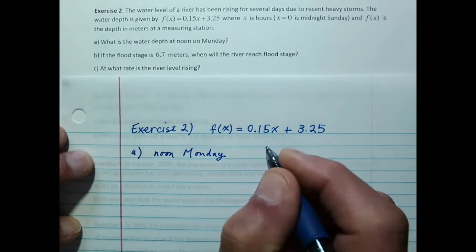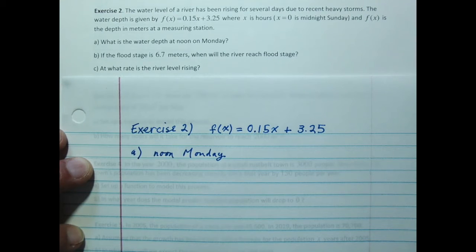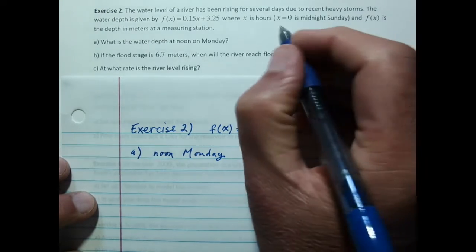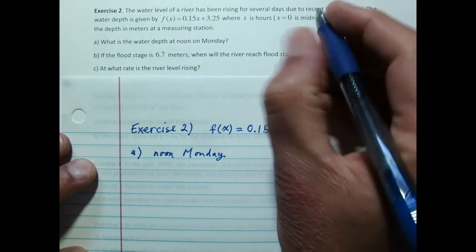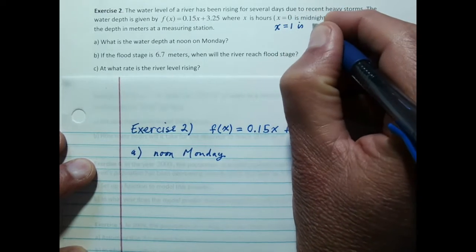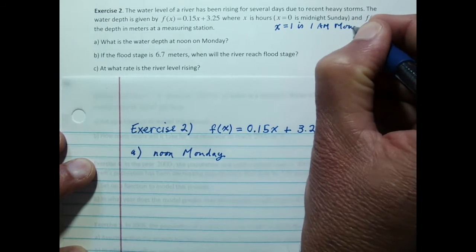Now, it's never my intention to make the language so tricky. This isn't supposed to be tricky, figuring out what value of x this is. So it's my job to make the language clear, and if it's not, it's my fault. x equals 0 is midnight Sunday, so x equals 1 is 1 a.m. Monday.